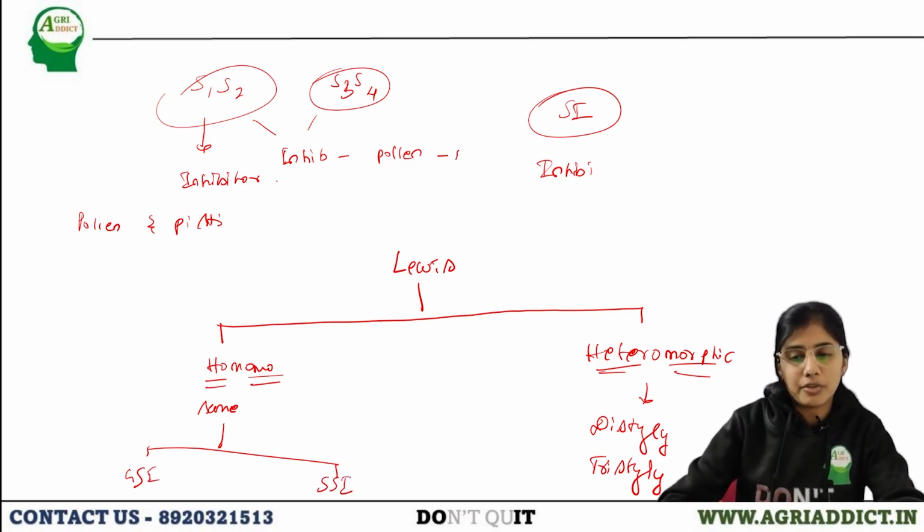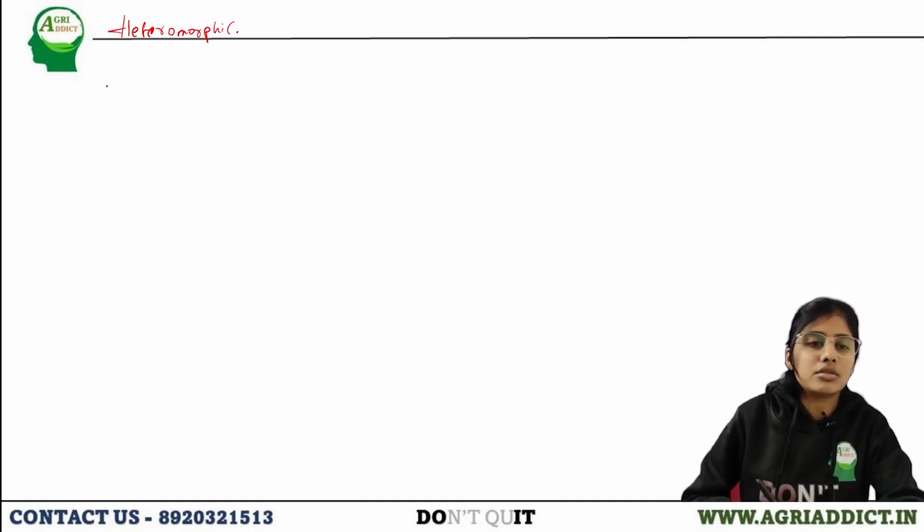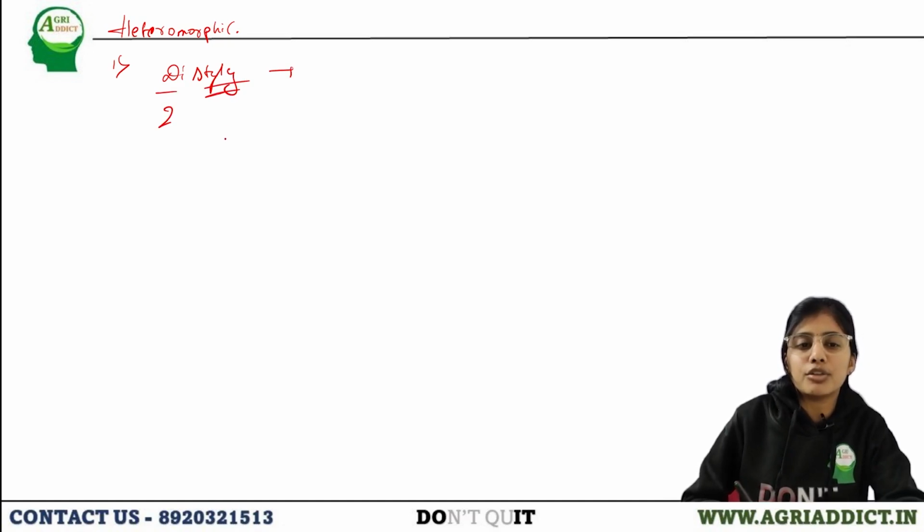So we will see one by one, starting from heteromorphic self-incompatibility. In this we have distyly kind of flowers, where di means two, and style means different lengths of the style. So what are the two different style lengths we can see?